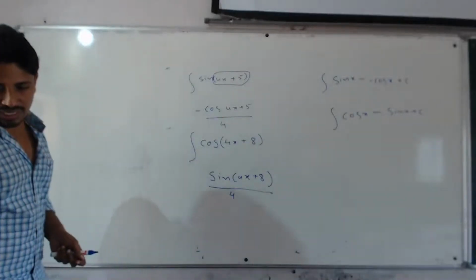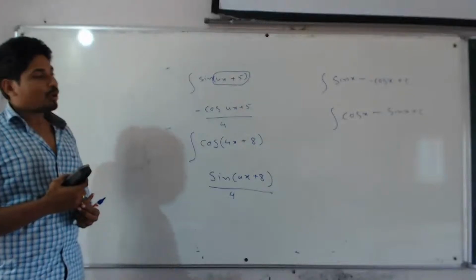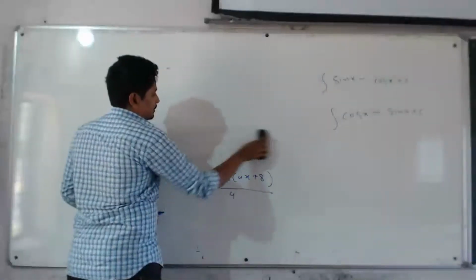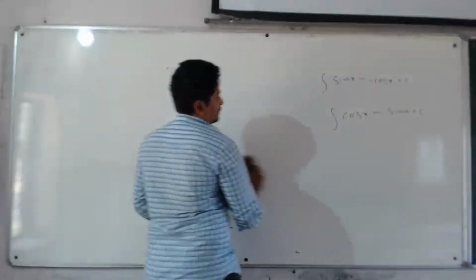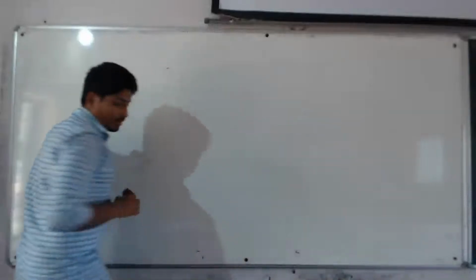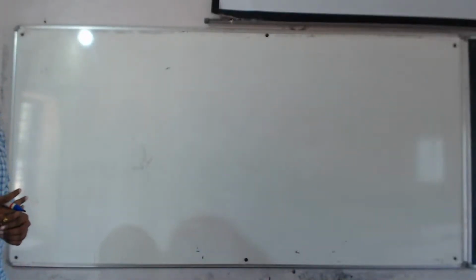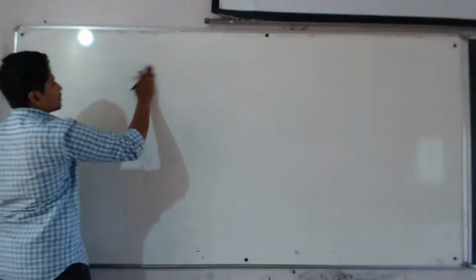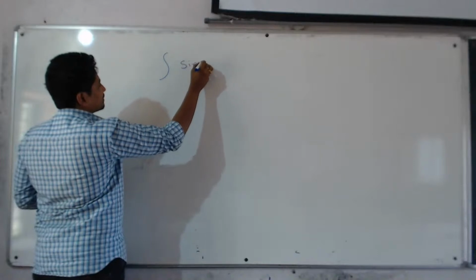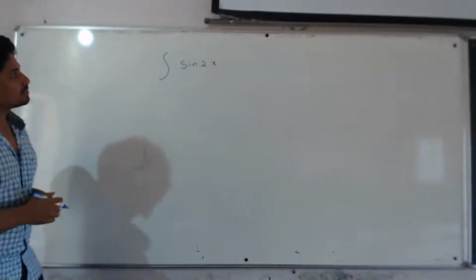Okay. Now, let us solve the sums in your NCERT textbook, exercise 7.1. See exercise 7.1. See the sums here. Integral sin 2x.